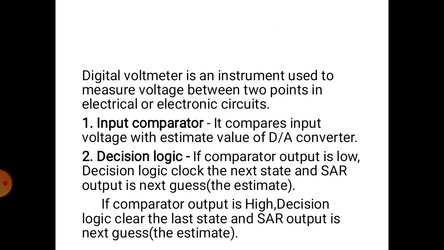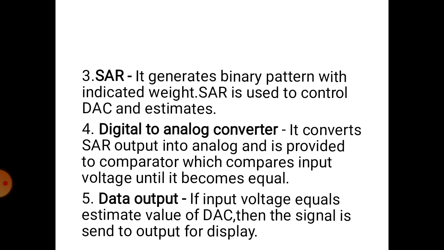In this way the SAR will generate different binary patterns, depending on the output of the comparator. Next is SAR, that is successive approximation register. It generates binary pattern with indicated weight. Then SAR is used to control DAC and estimates.